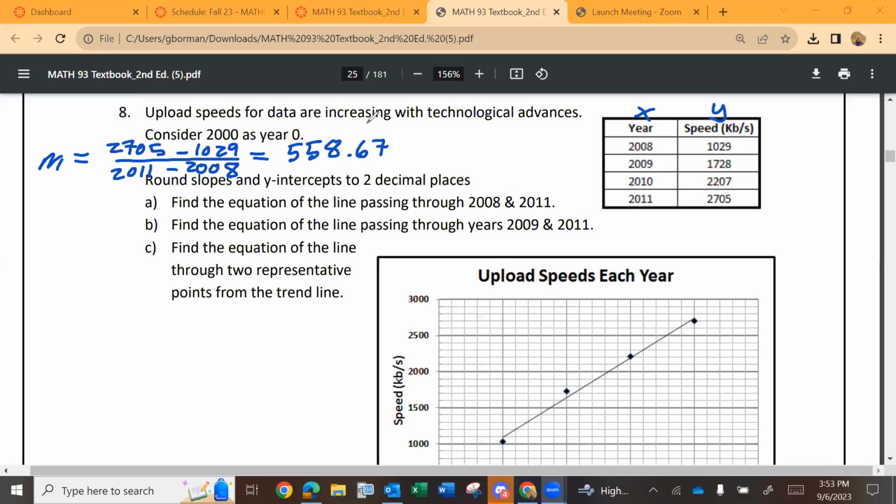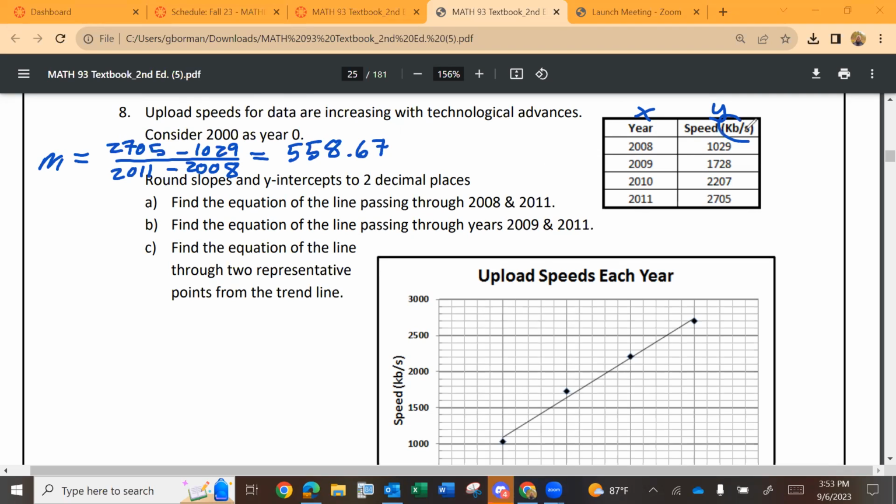Now what are the units on that? They don't say to explain what that means, but it's always a good idea. So it's going to be the speed in kilobits per second per year. Those would be the units.